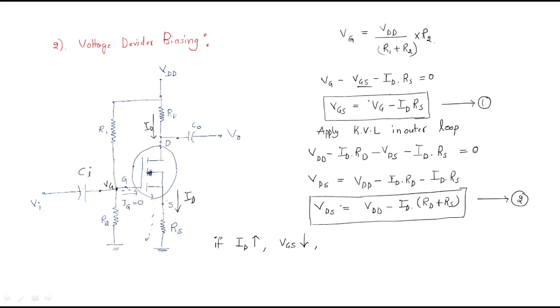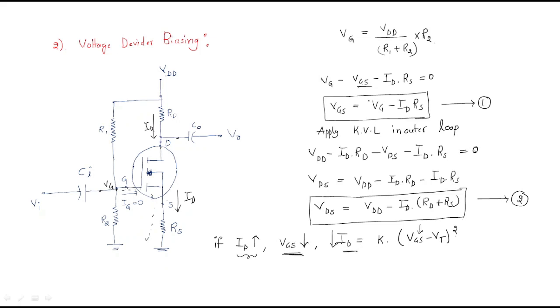And whenever VGS decreases, you know ID is K into (VGS minus VT) whole square, so ID also decreases. Generally ID would increase, but by using this voltage divider biasing, the drain current will be decreased.